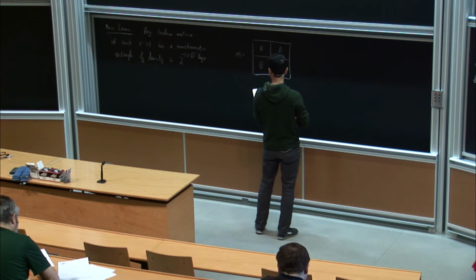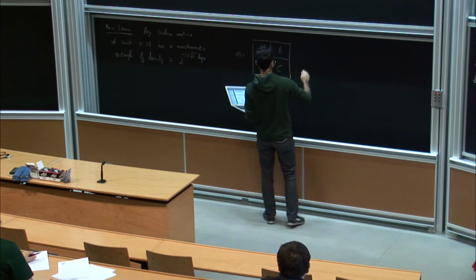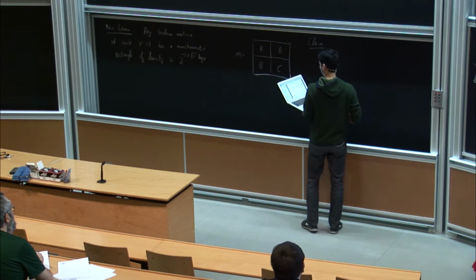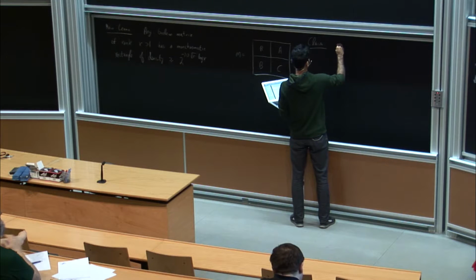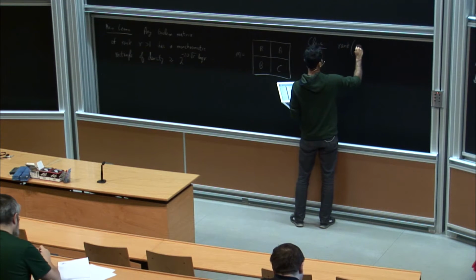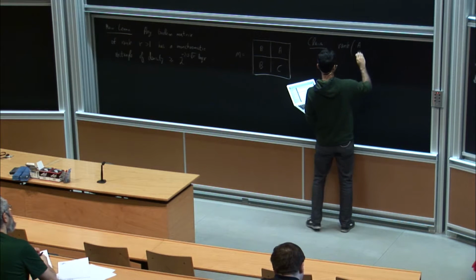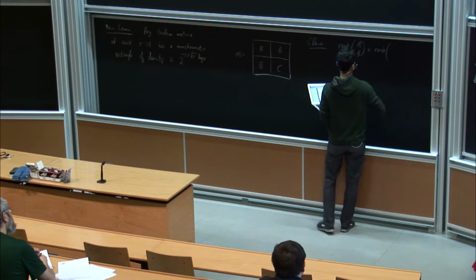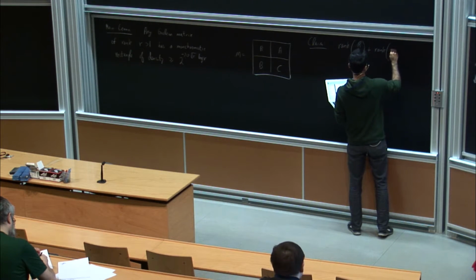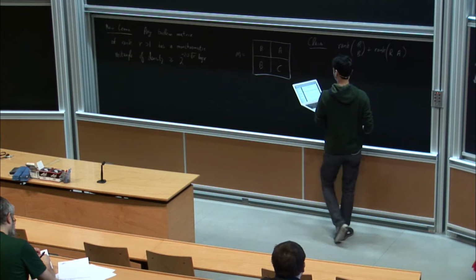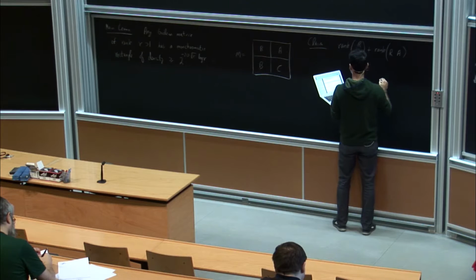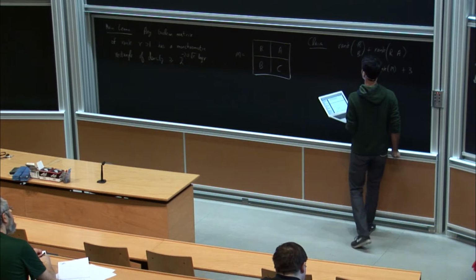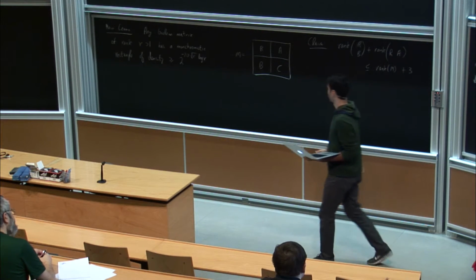So here's a simple claim. It says that the rank of RB plus the rank of RA must be at most the rank of M plus 3. Okay.